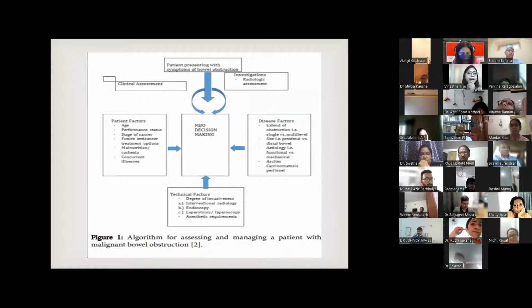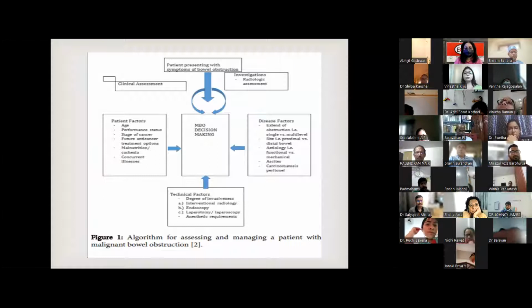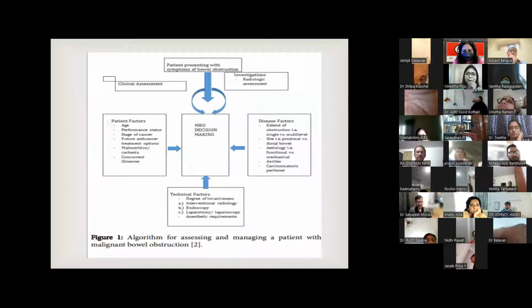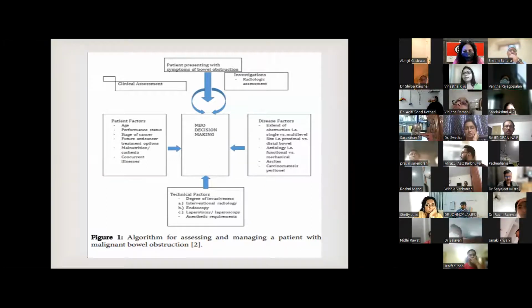And again, when it comes to what you have to do regarding a malignant bowel obstruction, we did talk about the drug therapies, but we did miss out one. Other than the medical management, what other aspect?